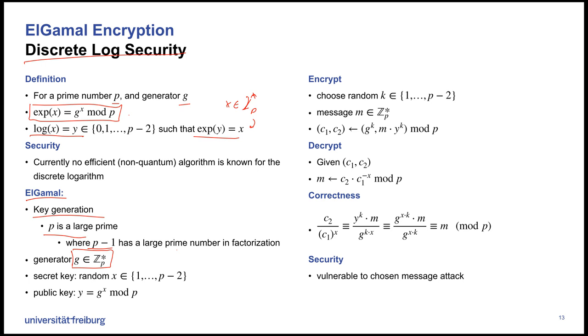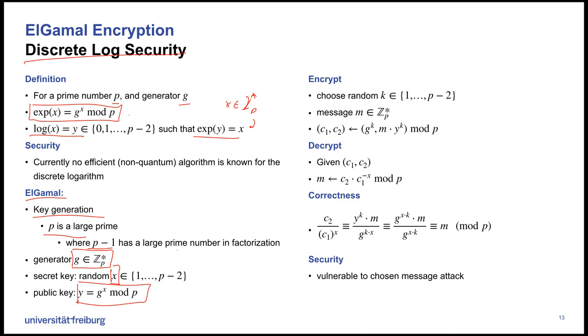It's not a secret. The secret is some random number x, which will be an exponent, and the public key will be g to the x. Now we are basically using that g to the x is a one-way function, and we cannot compute the logarithm. We don't know how to do that. But that's the setup only.